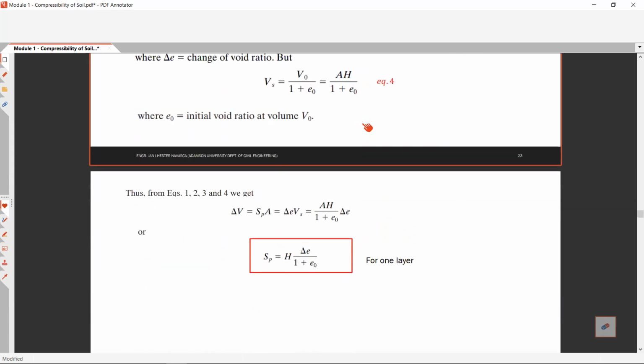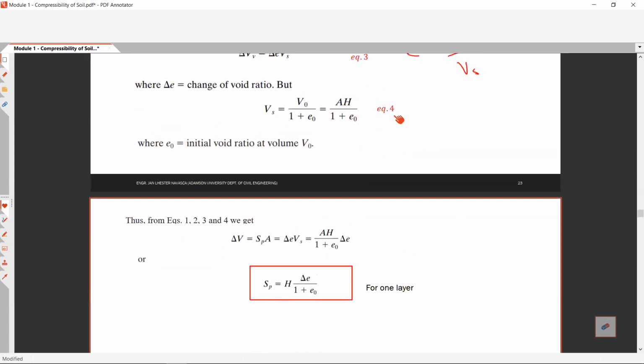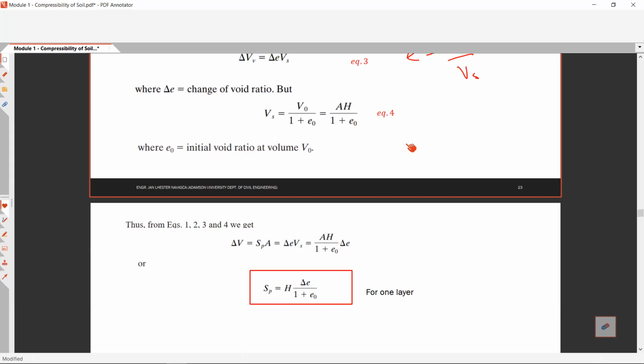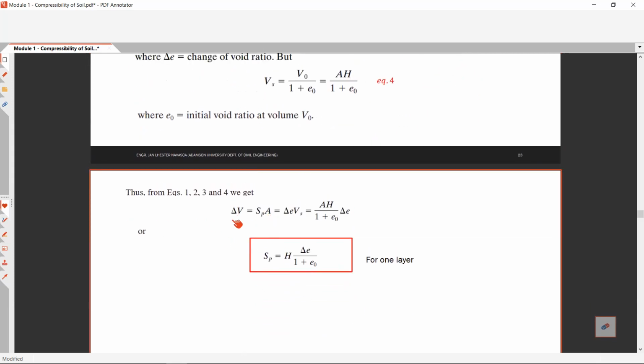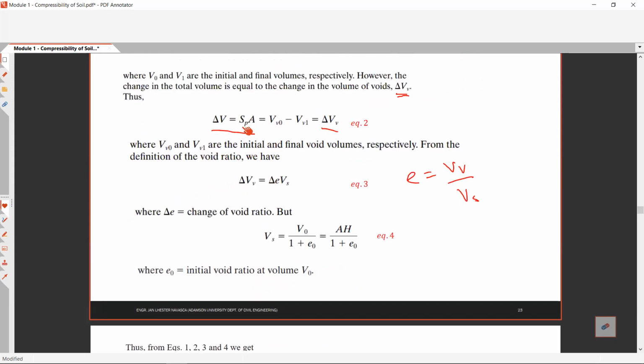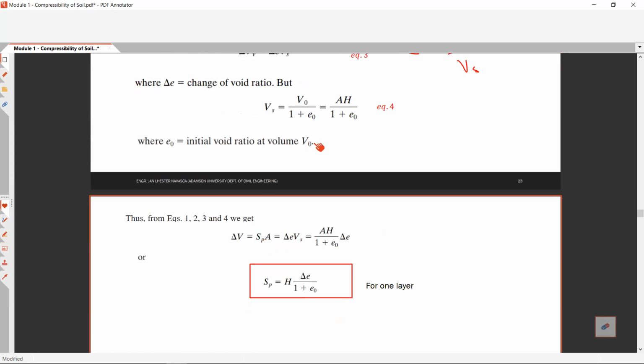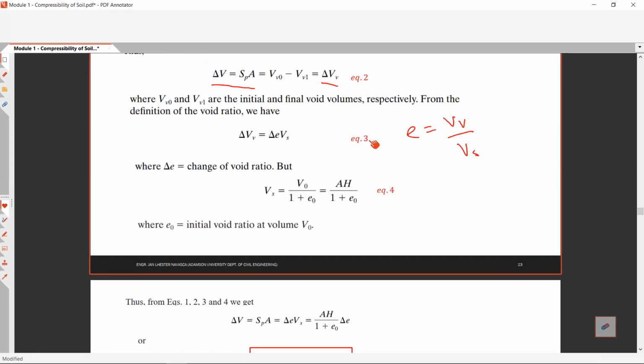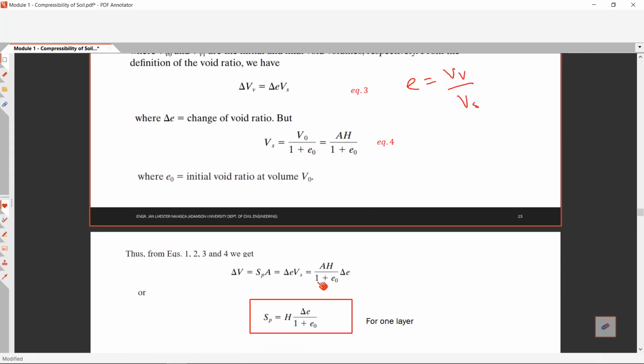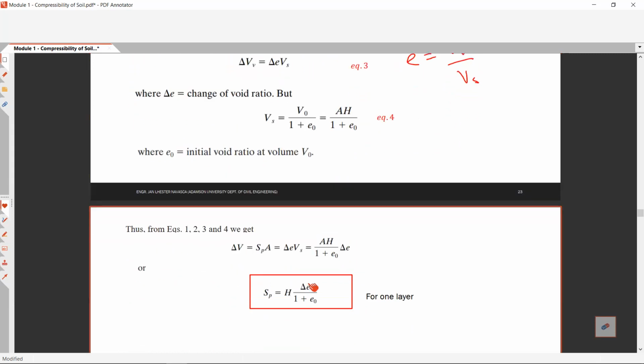Now from equations 1, 2, 3 and equation 4, we get this equation. So take delta V, which is SP times A, which is now equal to delta e times V sub S, where V sub S is from equation 4, AH over 1 plus e sub 0. We get this relationship.